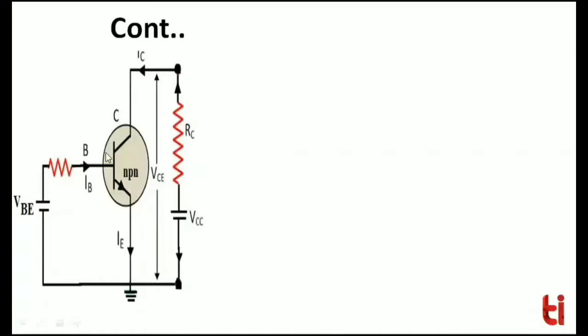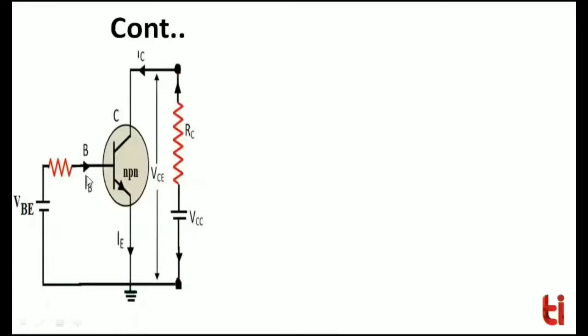That's why here the total output voltage is equal to VCE. And here the power supply VCC is needed to bias the BJT as well as to supply the power required for the operation of this circuit. Once we apply the DC voltage to the bipolar junction transistor, the current and voltage will be established in the circuit.